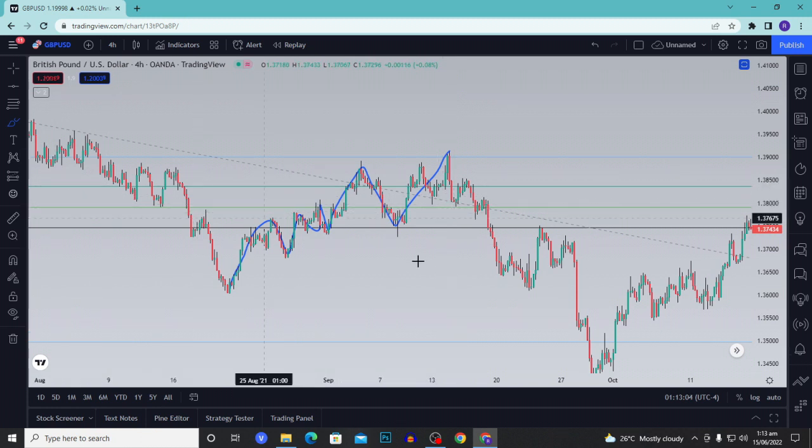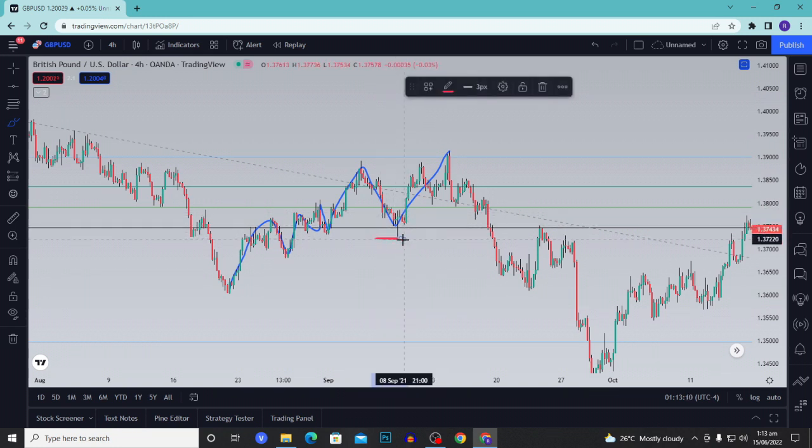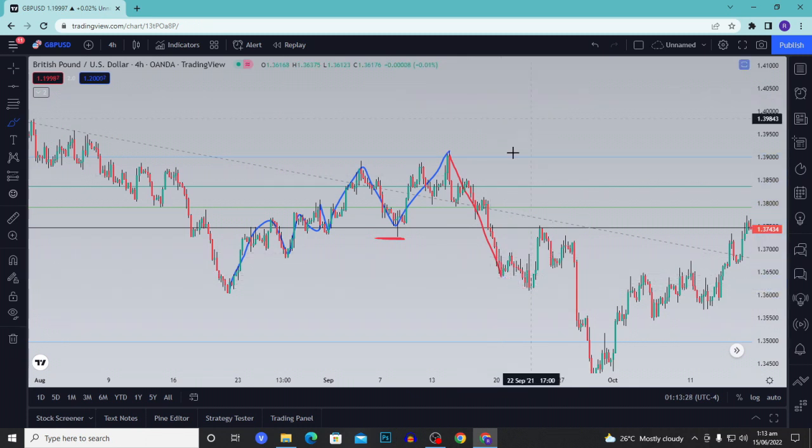Because in order for price to change structure, since this is the previous higher low, we need price to fall below this point. And it happened right here. As you can see, price came down and broke this low, right here.